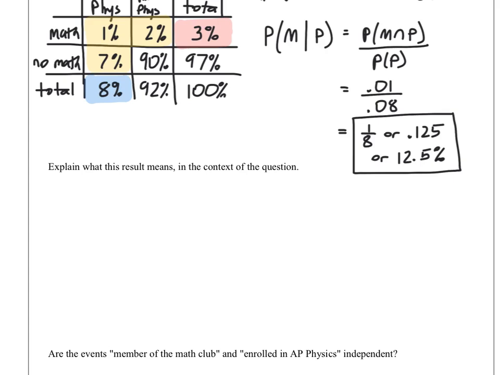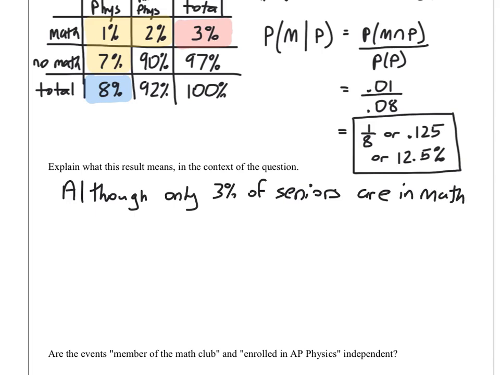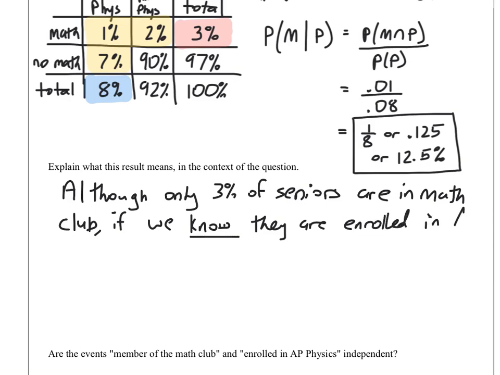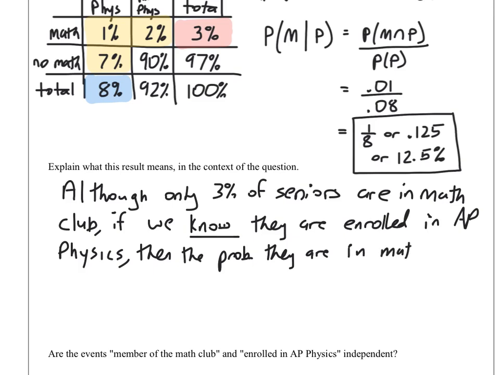So what this is telling us is that although only 3% of seniors are in math club, if we know they are enrolled in AP Physics, then the probability they are in math club rises to 12.5%.